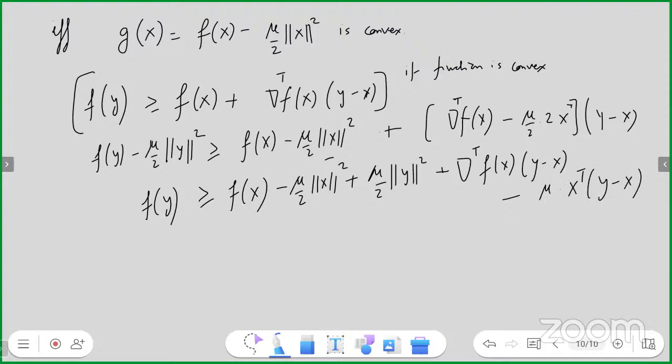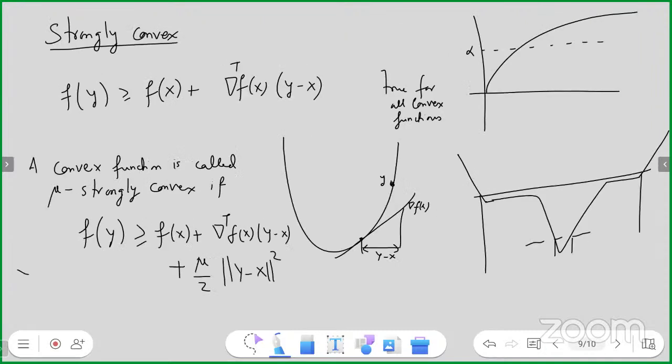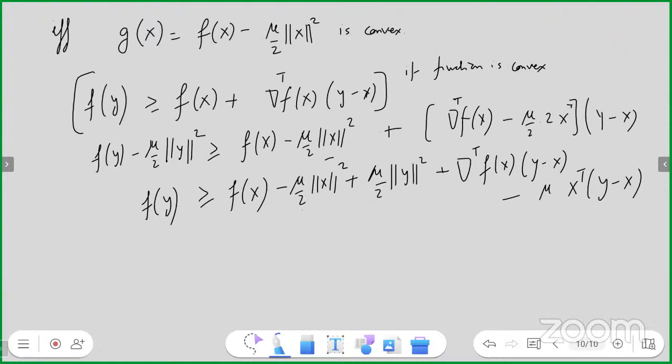Essentially I want to claim this is y minus x whole square, the same thing as x minus y whole square. There is a mu by 2 already there, which is good news. What do I want? I want a plus y minus x square. So y square should have a positive sign, x square should have a positive sign, and a minus 2yx should come.